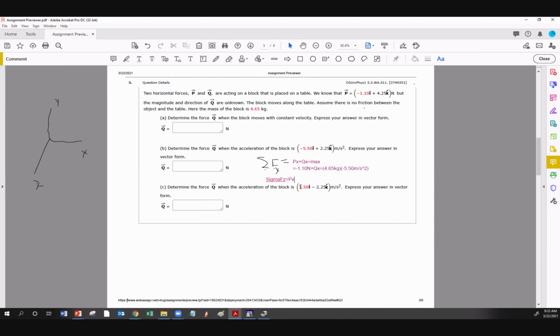So we have Pz plus Qz equals m times a, the z component of the acceleration. And then it works the same way. We've got 4.25 newtons plus Qz equals whatever the z component is, 2.25. Okay, that makes a lot more sense.